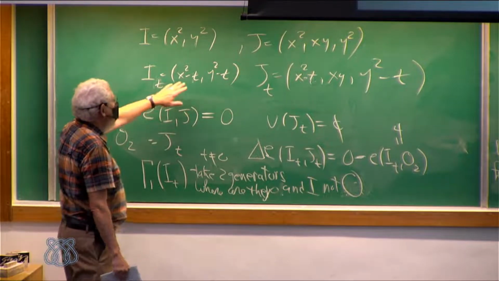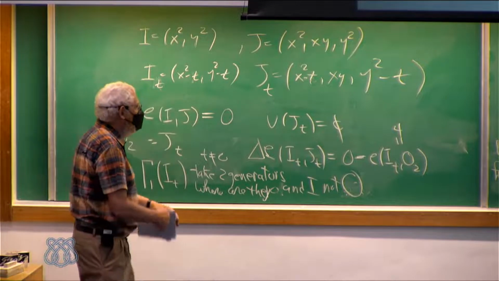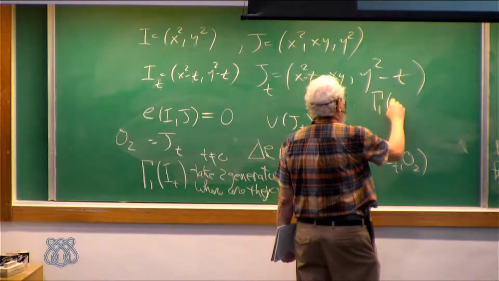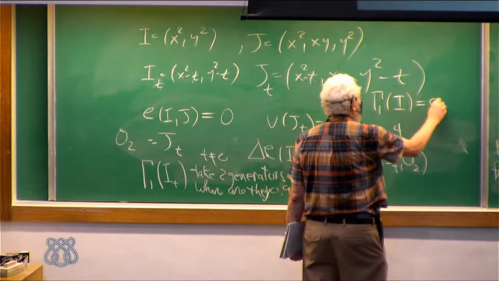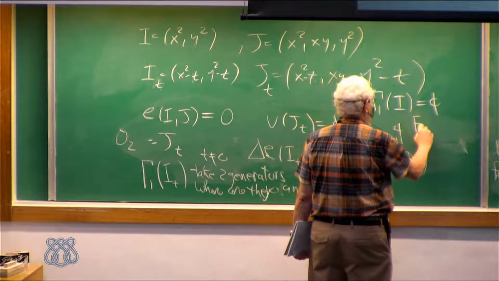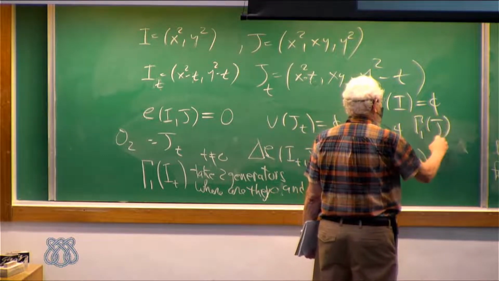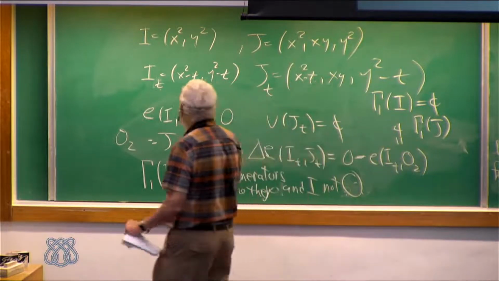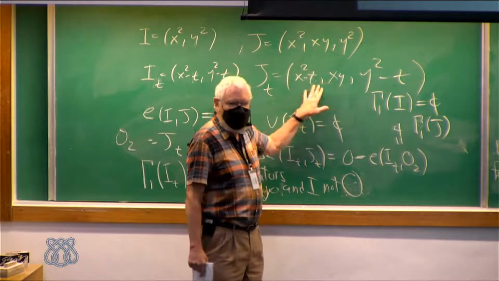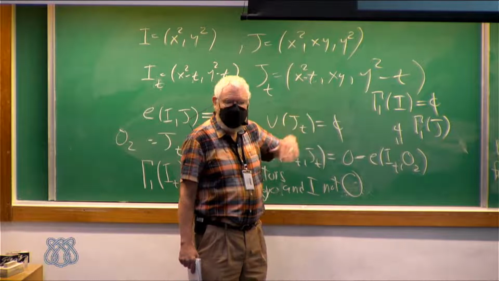The only place where my 2 generic generators are 0 is where I is 0. So the polar curve is empty. How about the polar curve of J? Well, what do you think I'm going to use for my 2 generic generators? The 2 generic generators of J will just be the generators of I.